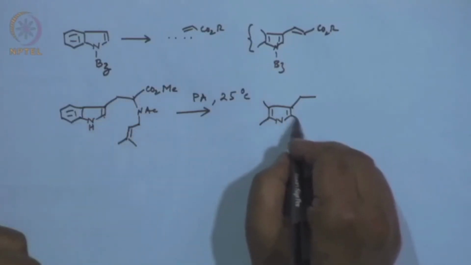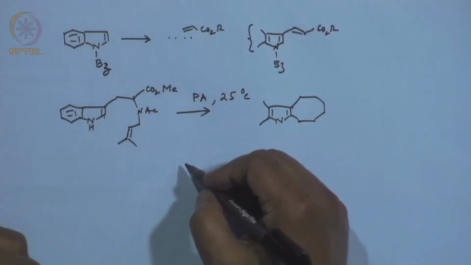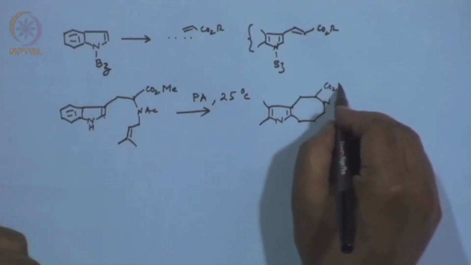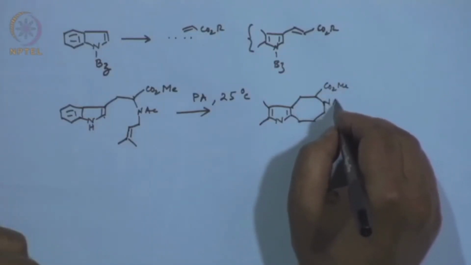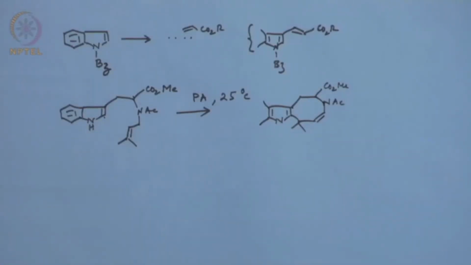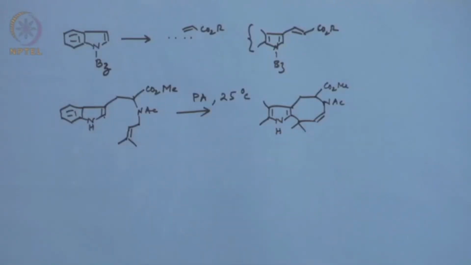So, you get an 8-membered ring system, and nitrogen up here, ester up here, and then a double bond, which is a little unusual, and you can sit down and work out the reaction mechanism.